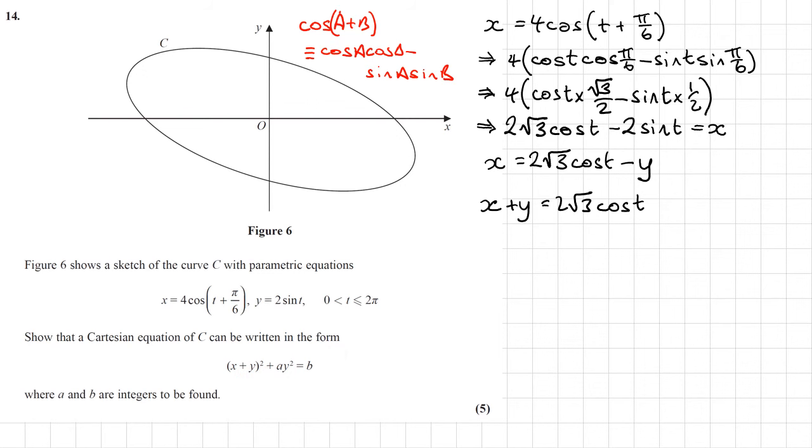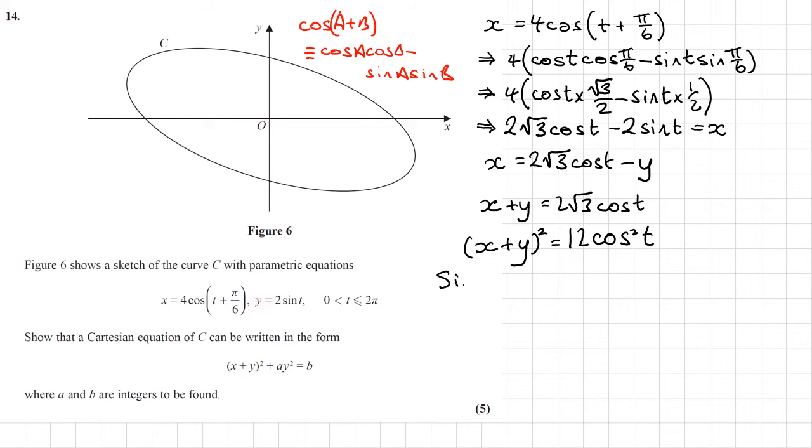So let's square both sides. Then we'll have (x plus y) all squared is equal to, now we need to square 2 root 3, and that's 12. So we'll have 12 cos squared t. So the last thing we need to get rid of is this, and it looks like it becomes ay squared. Now we can use an identity here because y is equal to 2 sine t.